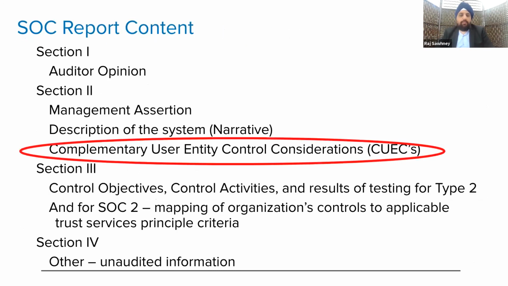All right, so now we're really getting into the complementary user entity controls. In a typical SOC reporting structure, you do have the auditor's opinion. If it's unqualified, that basically means the opinion is not qualified by any exception or any issue. So an unqualified SOC report is a good thing.